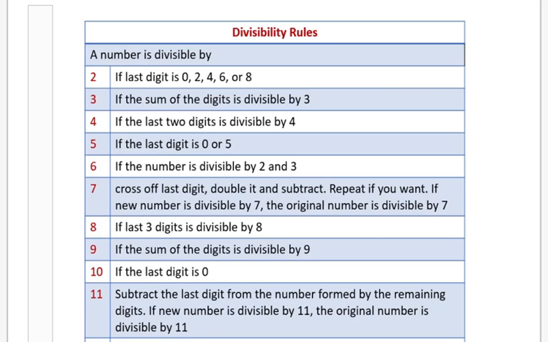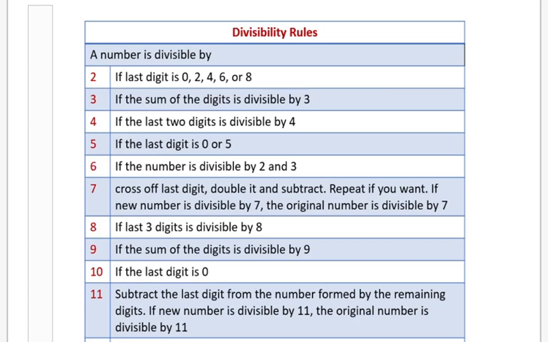Okay. Next, 7: cross off the last digit, double it and subtract. Repeat; if you get a new number divisible by 7, the original number is definitely divisible by 7. Next, for the 8, if the last 3 digits are divisible by 8.